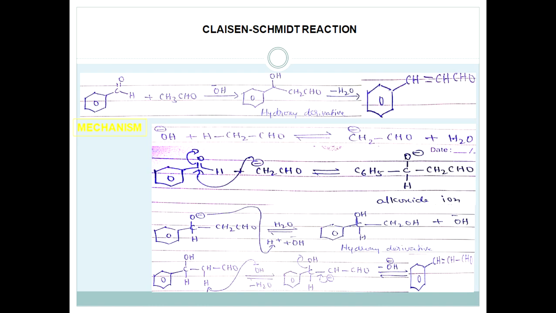Finally, this cross aldol product is dehydrated by the removal of an alpha hydrogen by the base, followed by the removal of the hydroxyl group. So this is the mechanism behind this Claisen-Schmidt reaction.